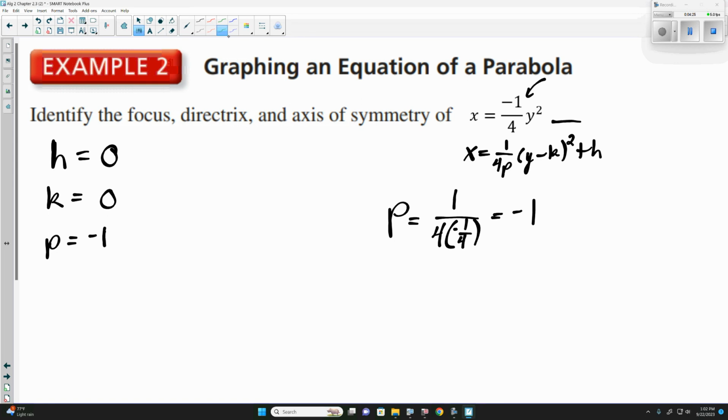So we've now found h, k, and p. Now the vertex, (0, 0), is our h comma k. It didn't ask for the vertex, but I just went on and listed it anyway.